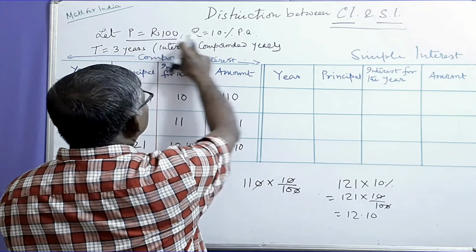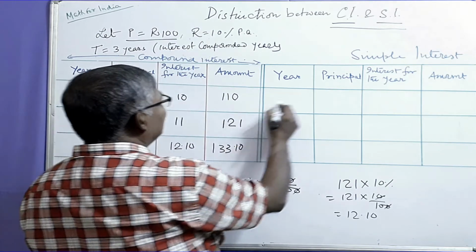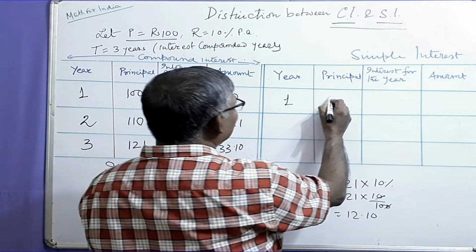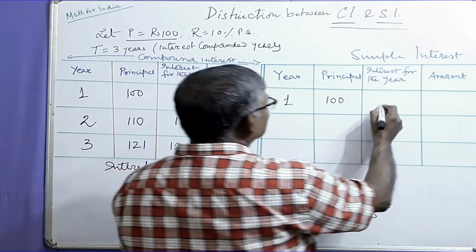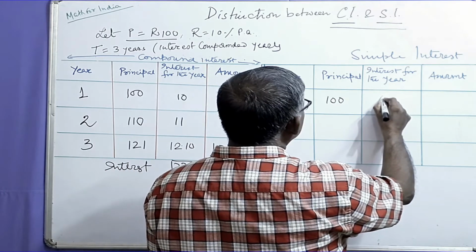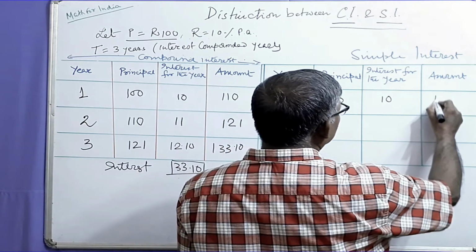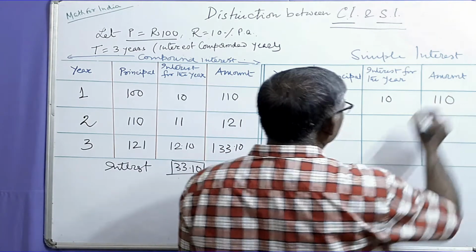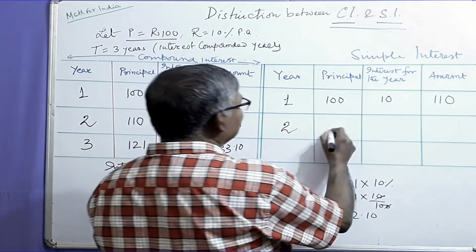Now let us consider what would be the simple interest after 3 years for the same amount at the same rate and for the same period. Here for the first year, the principal invested is 100. What would be the interest? That is rupees 10. So the amount will be 110. Again, in the second year, the principal will remain the same.